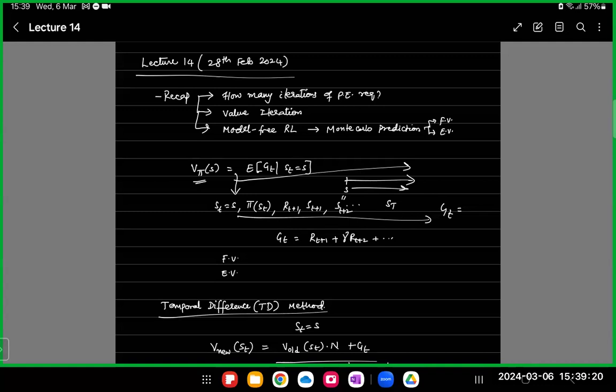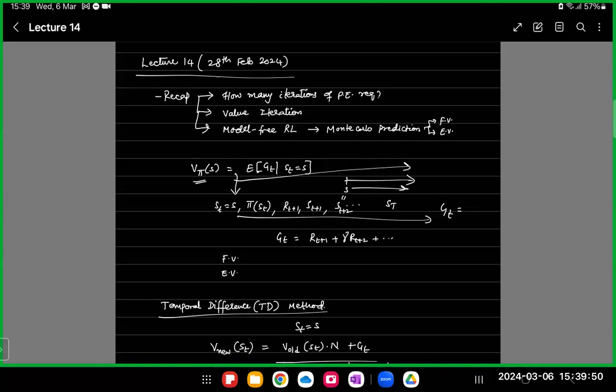So, what is temporal difference method? We were discussing the model free setting, right? Where we do not know the dynamics of the MDP. So, when we do not know the dynamics of the MDP, how do we find V pi for a given pi? One algorithm was the Monte Carlo algorithm. In Monte Carlo, we were just acting according to pi and interacting with the environment.